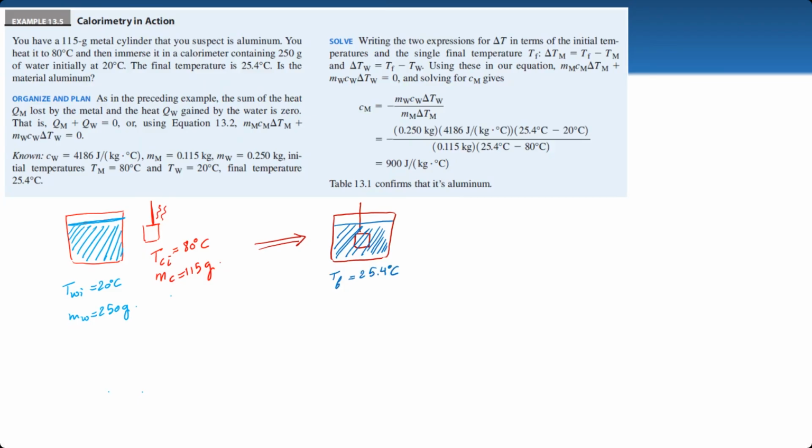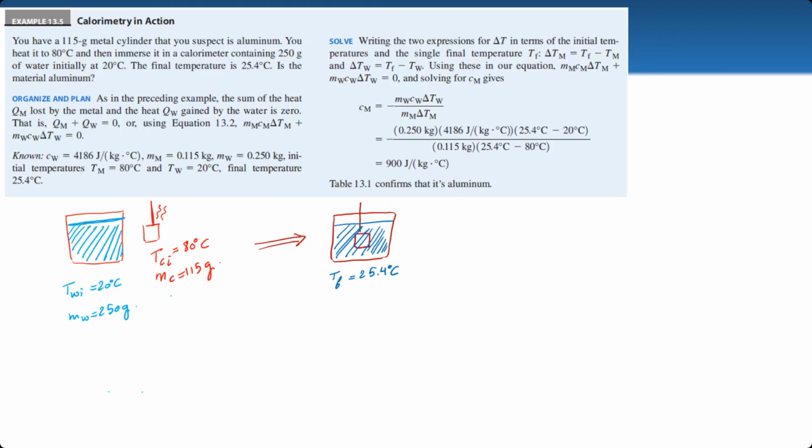We want to see if the material is indeed aluminum. How can we tell so? We should simply look for the specific heat and see if it satisfies the value of aluminum from the table of constants. Because like we said, the specific heat is a property of materials. So if I find the specific heat and it turns out to match that of aluminum, then yes, this material is indeed aluminum.